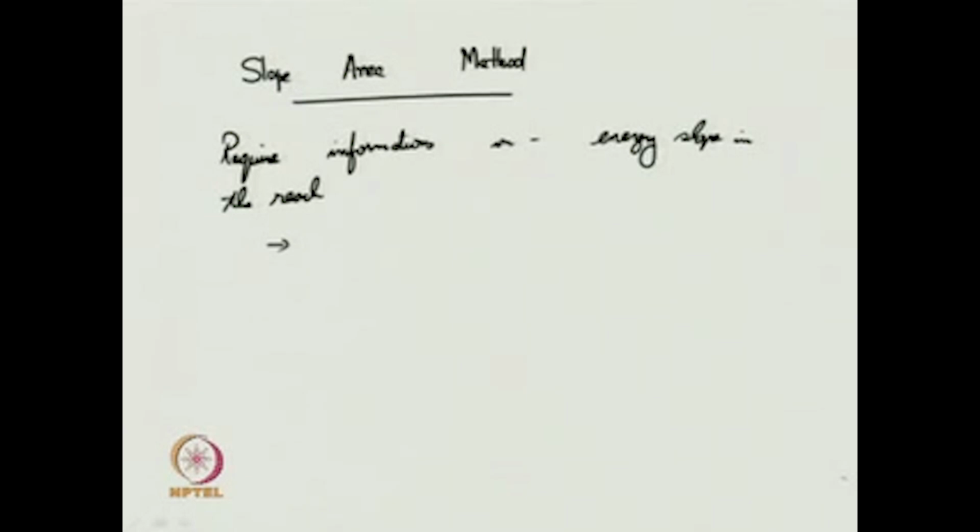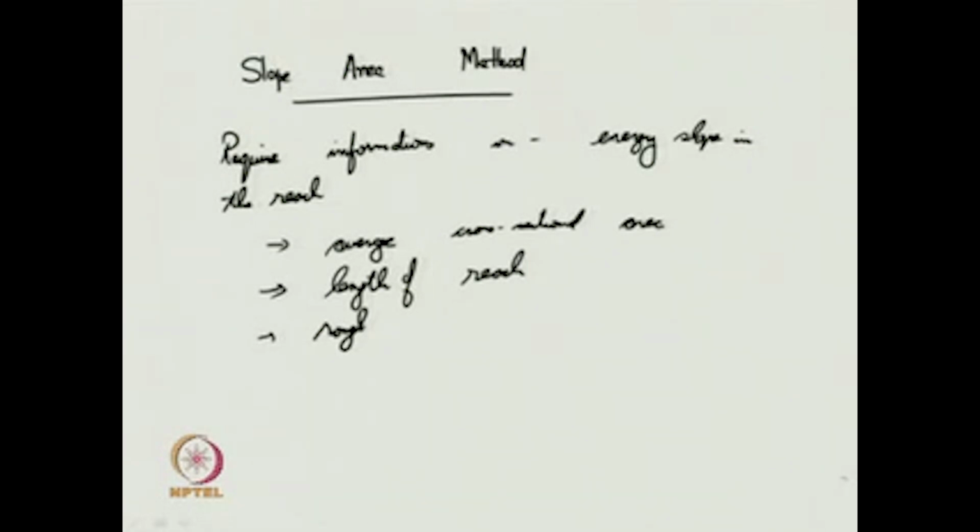You may also require the average cross sectional area of the reach, the length of the reach, and roughness coefficients. So like this, some of these parameters are required. We will just briefly see what it is.